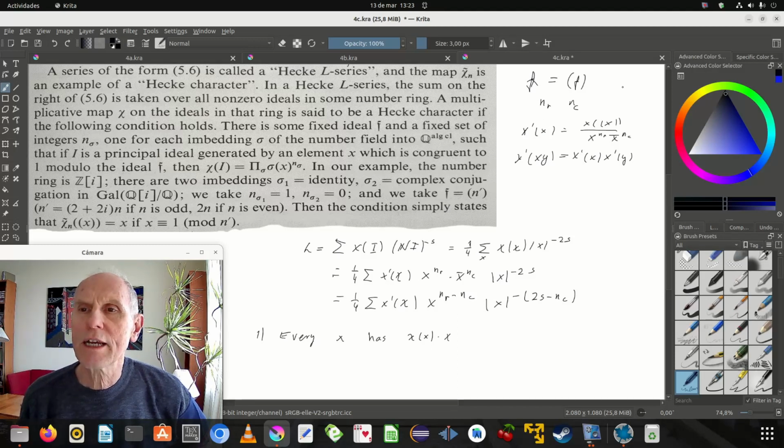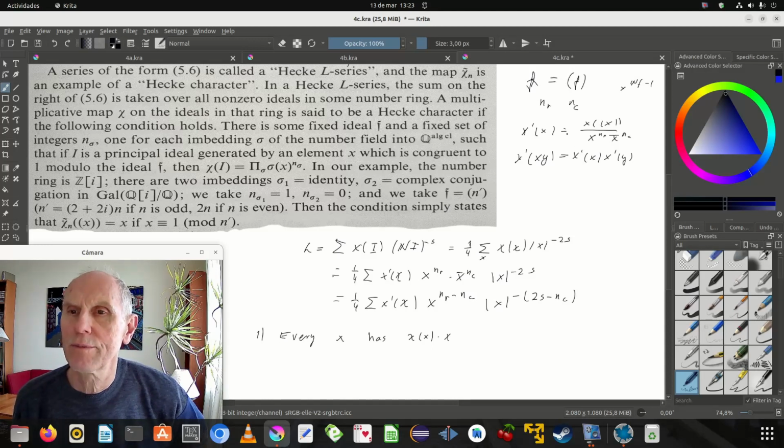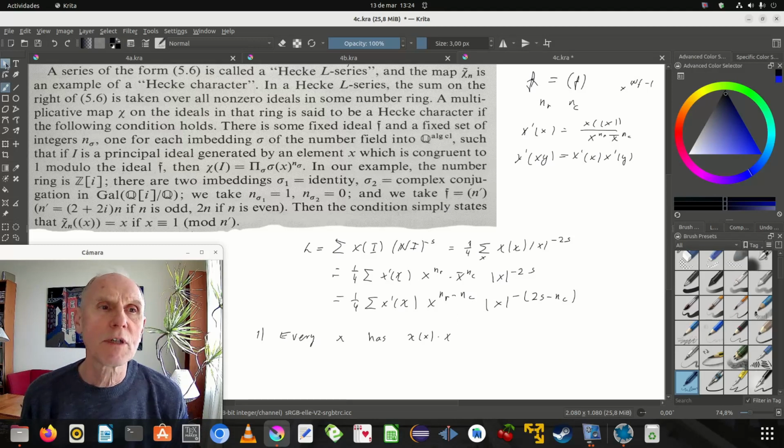We can raise x to the power norm of f minus 1, then it's equivalent to 1 modulo f. And that means that x to that power is mapped to 1. So if we can show multiplicativity, then we are home.